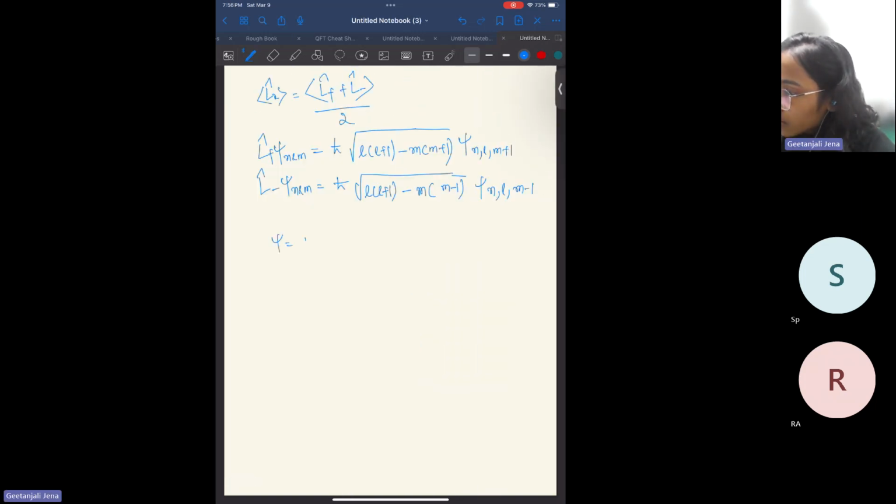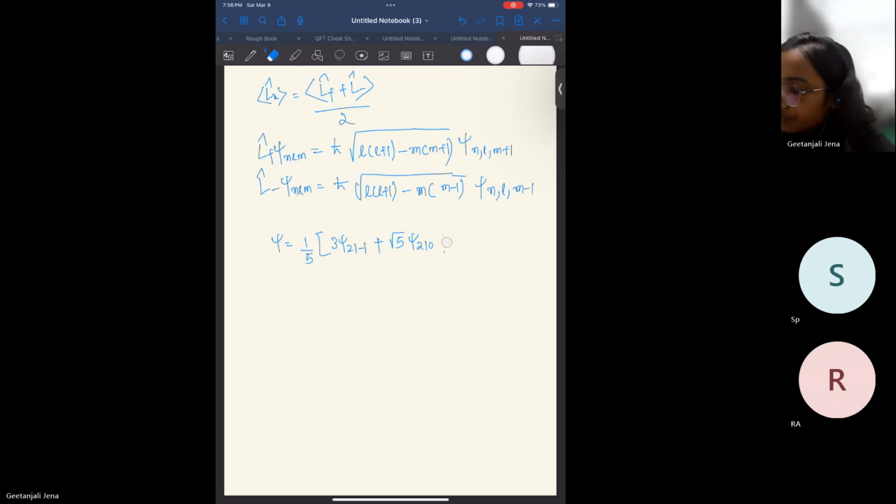Psi is nothing but 1 by 5, 3 psi 2 1 minus 1, plus root over 5 psi 2 1 0, minus root over of 11 psi 2 1 1.